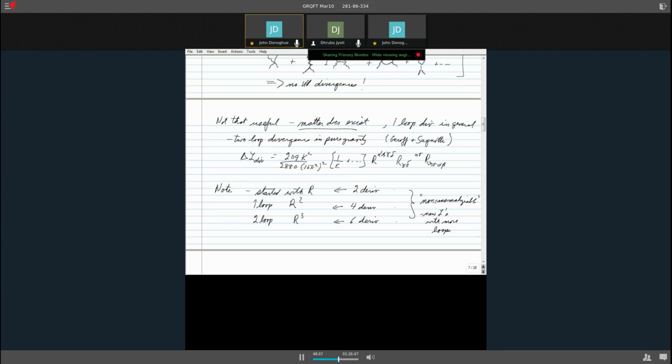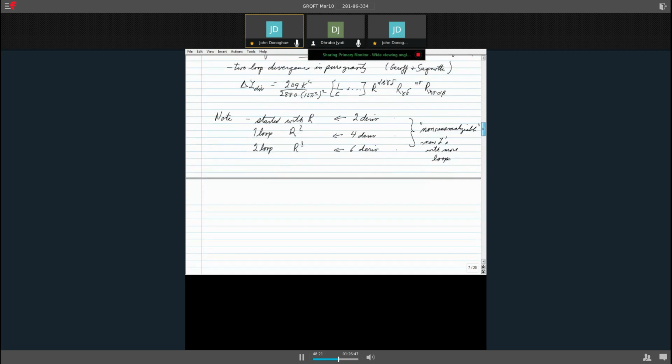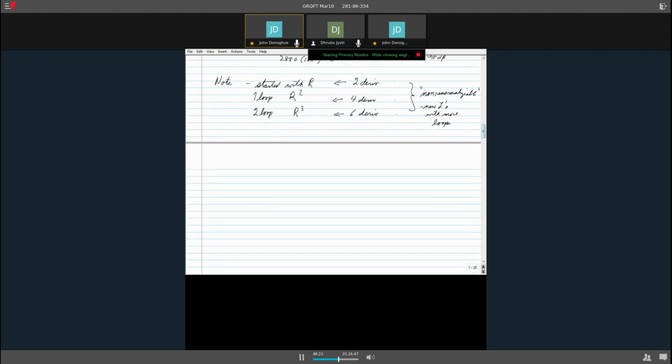And we're starting to see one of the essential features of the quantum theory, which is that the number of loops gives you higher and higher numbers of derivatives and higher powers of the curvature. Okay? That's good and it's bad. The bad feature is that you're getting something new every time you do another loop. This is the hallmark of a so-called non-renormalizable theory.